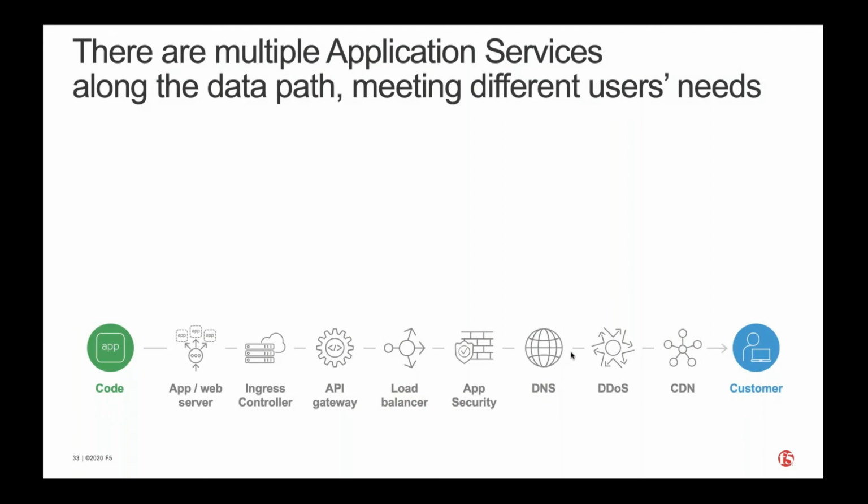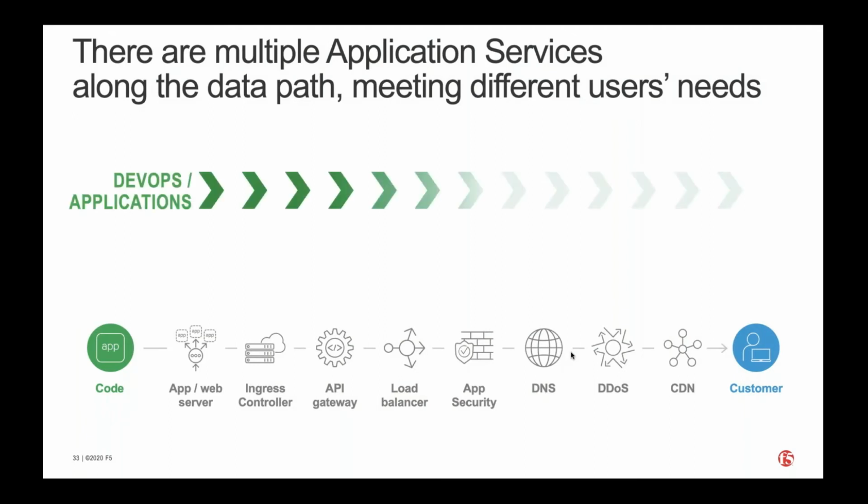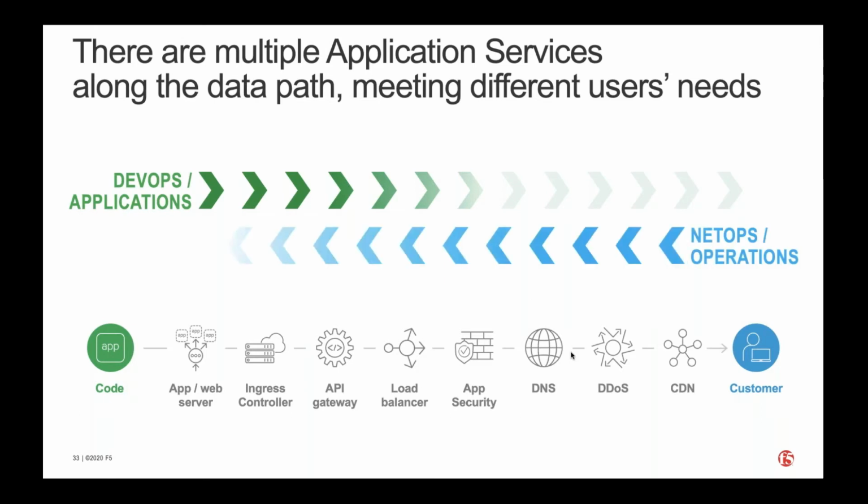Of course, how the different teams see it is from a different perspective. The perspective of a DevOps team goes from the code towards the customer, unlike the NetOps teams, who work from the customer itself, using the different tool chains to grow towards the code and maybe protect the code.